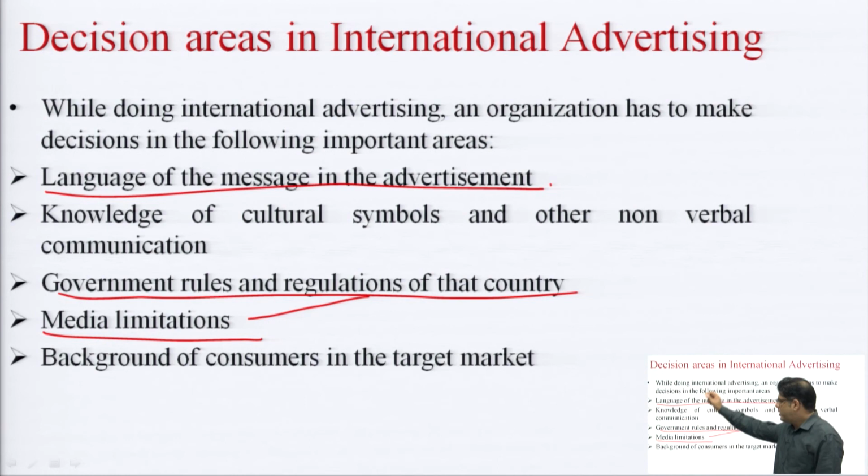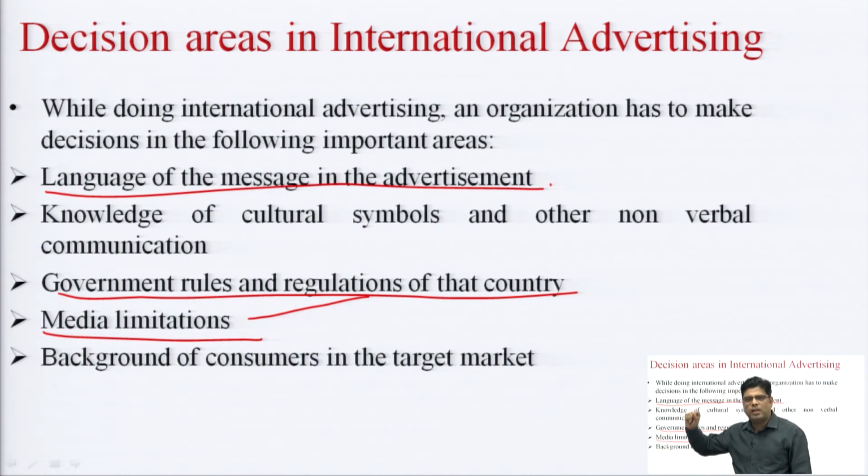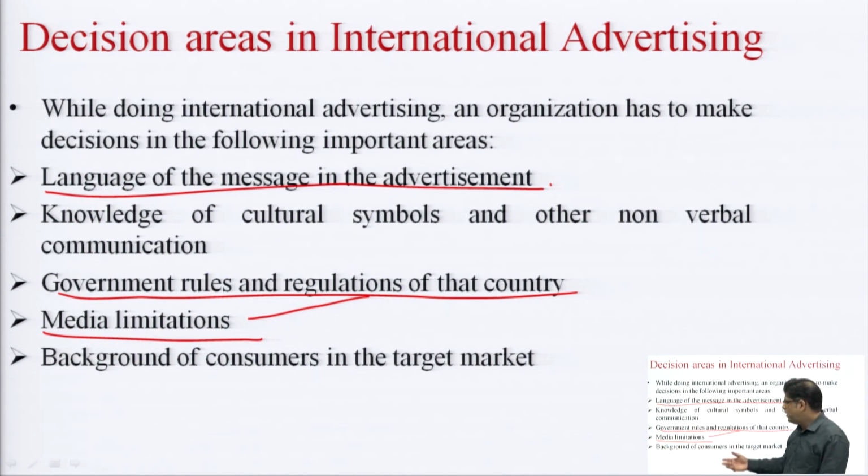So, media limitation is one important point that organizations have to consider, and they have to act accordingly. A lot of thought must be put here, both in terms of availability of media as well as their ability of affording a particular media.